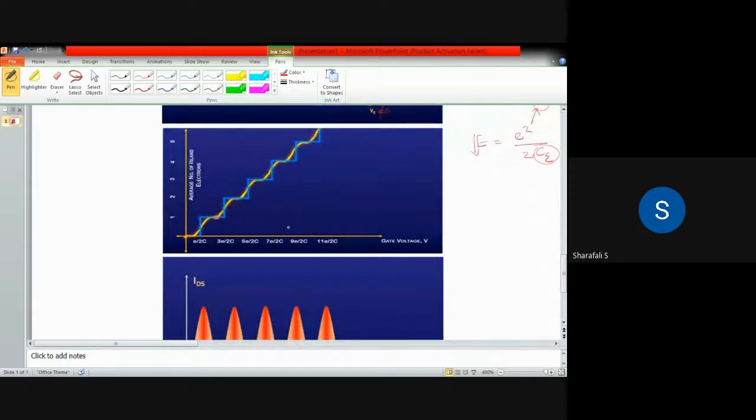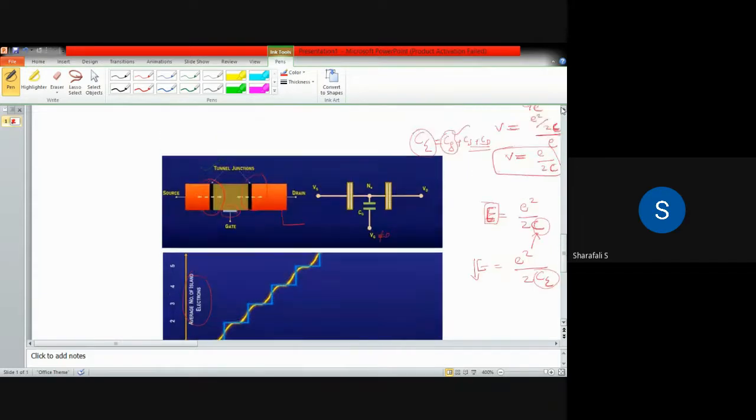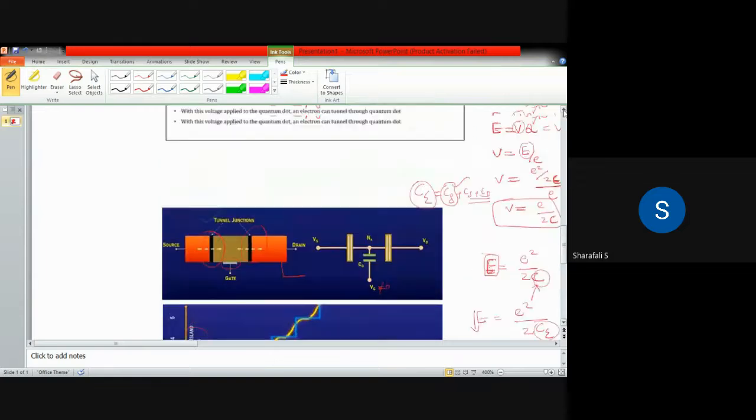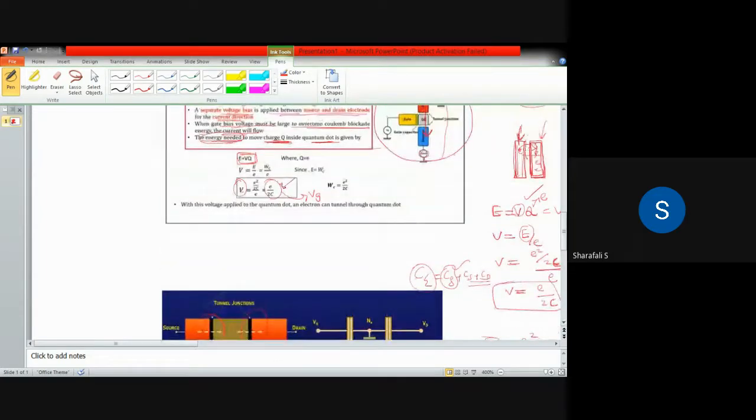So now if you consider the gate voltage against the average number of isolated electrons, that is the electrons present in the quantum dot, then when you apply e by 2C of potential, that is the minimum potential that you have to apply for the Vg gate terminal so that the electron can move to the quantum dot.